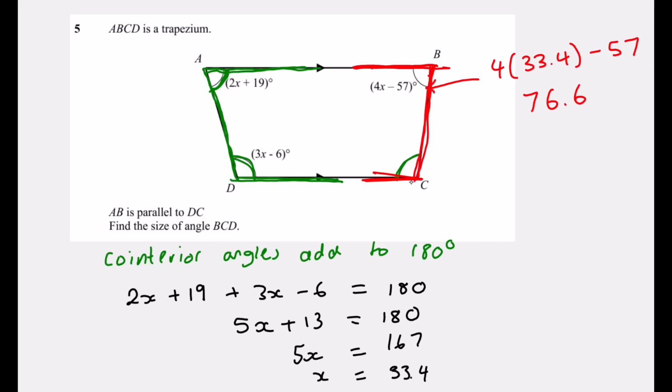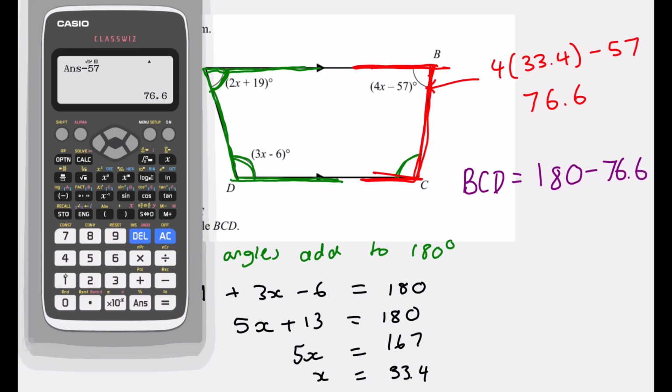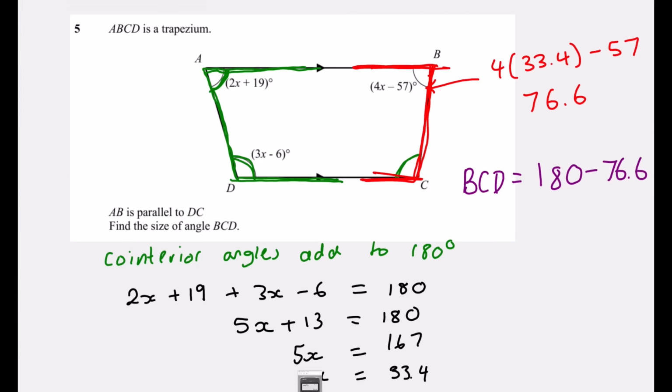They add up to 180. So our angle that we want to work out, BCD, is going to be 180 take away 76.6. And that is 103.4. If you did work out all the angles and do 360 take away all of them, that would also be fine. It would be longer, but it would be okay.